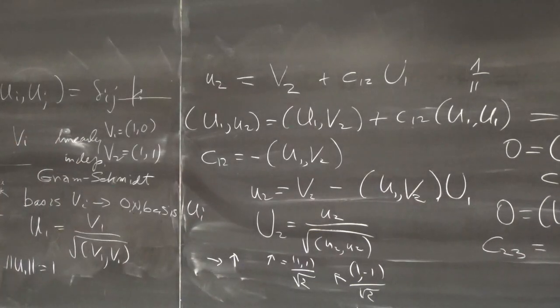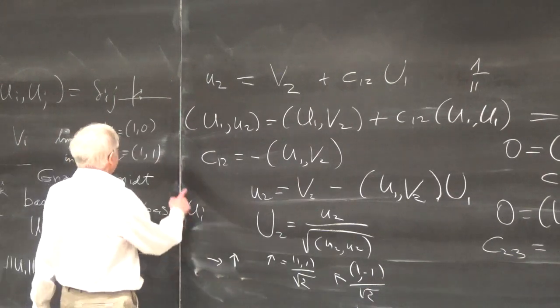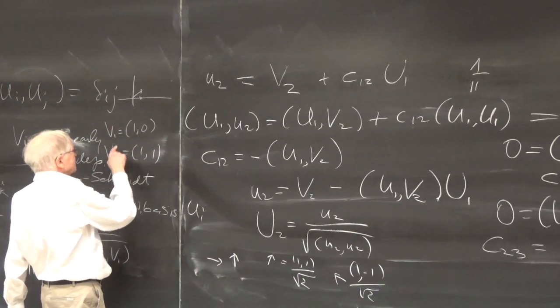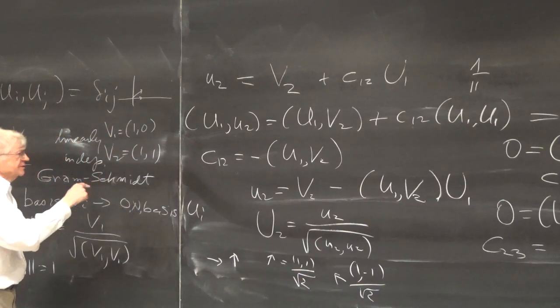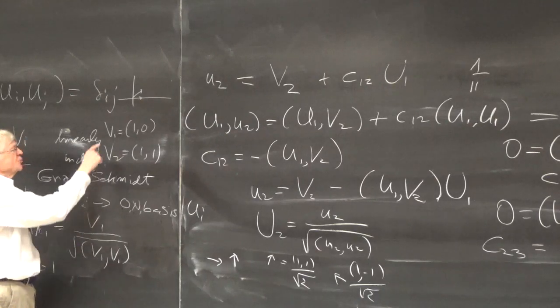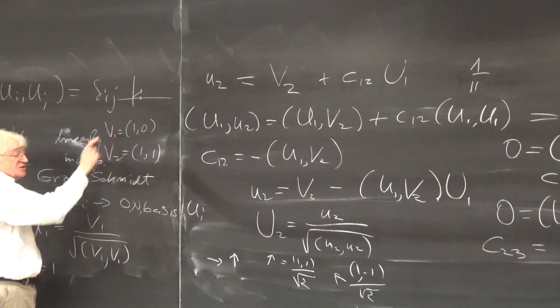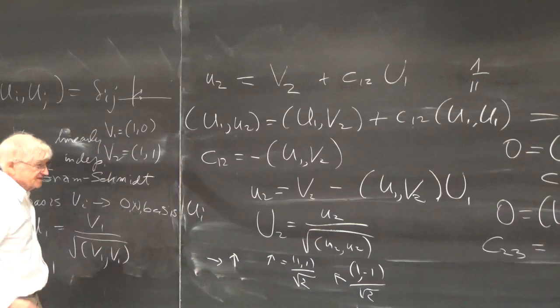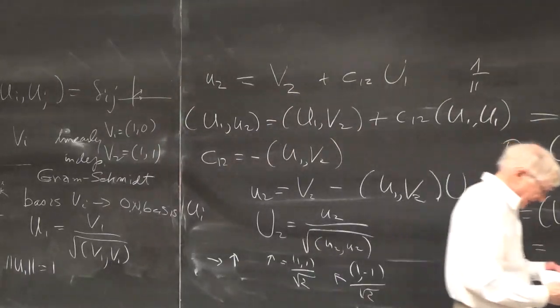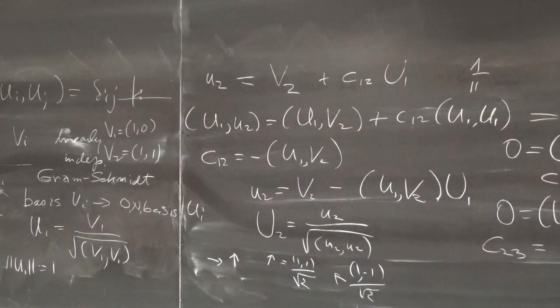But the point is that you get a different set of vectors than the set you get if you enumerate the vectors v1, v2 in one order, instead of going the other way. Doing Gram-Schmidt that way, you get a different set of vectors.